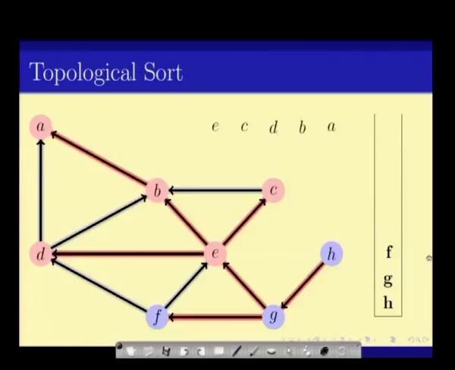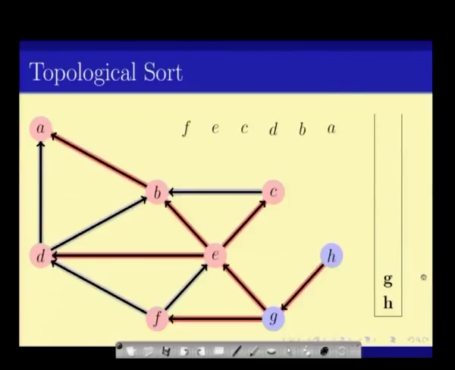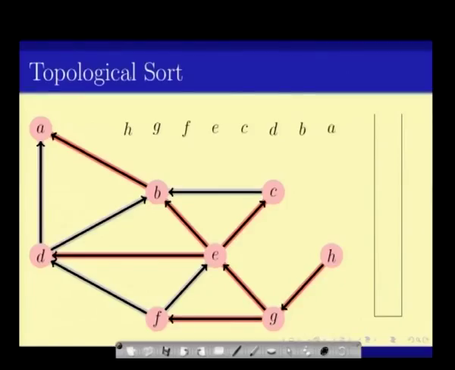Then F says I do not have anything else to check out, so I will output F. So, F becomes red, and then G becomes red, and then H becomes red. So, thus this DFS will output for me a string of jobs, which says that H, let us do H first, then do G, then do F, and so on and so forth.